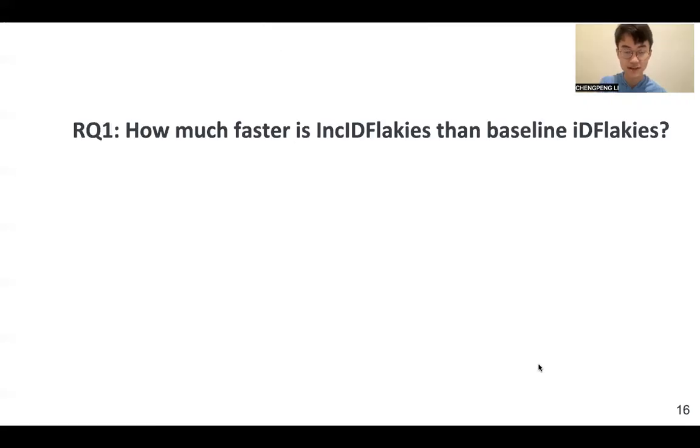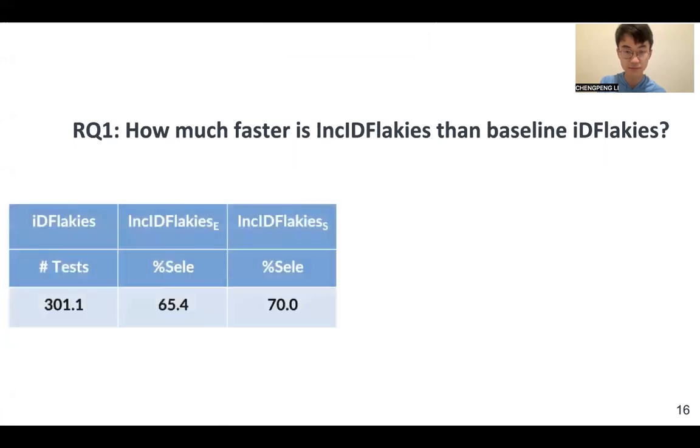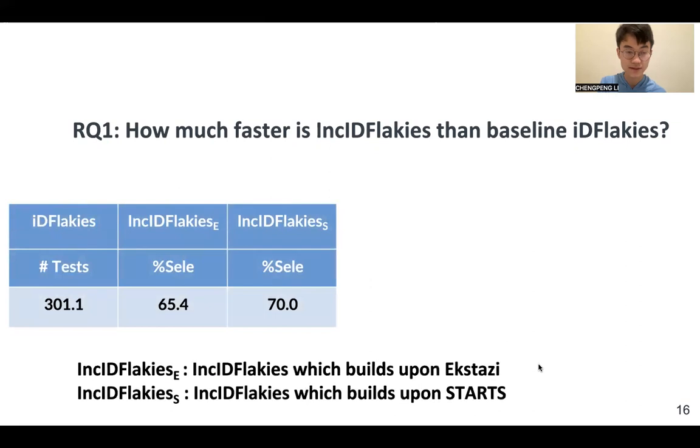RQ1. How much faster is ink-ID Flakys than the baseline ID Flakys? We can say the baseline ID Flakys selects about 300 tests. Ink-ID Flakys E selects about 65% of tests. Ink-ID Flakys S selects about 70% of tests.